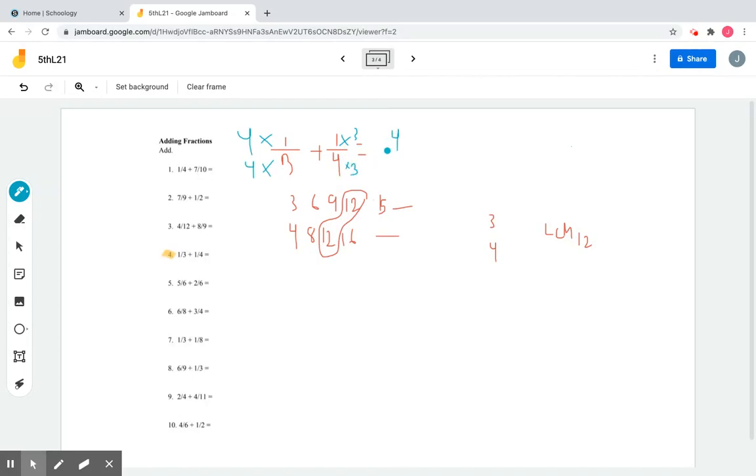So it will be 4 over 12 plus 3 over 12. And we know that 4 plus 3 is 7. So it will be 7 over 12. And this is the final answer because it cannot be simplified anymore. So 7 over 12 is the final answer for number 4.